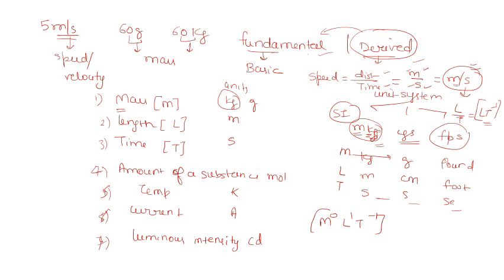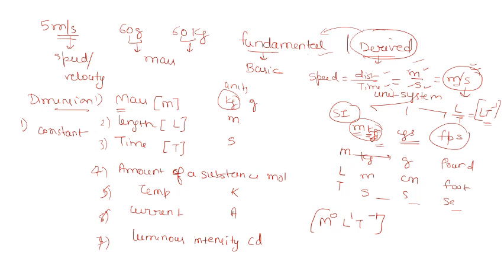Sometimes a question is given to you and you need to find out the values inside it. So for that you need to understand that for dimensions you never consider constant terms, okay?